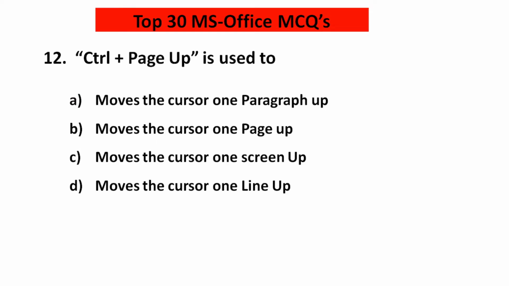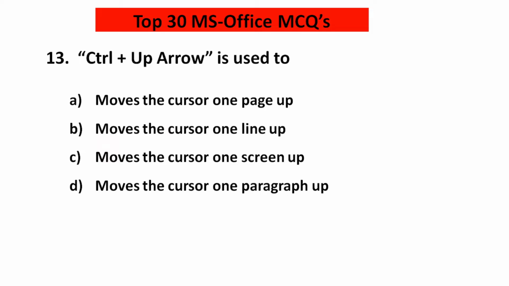Next question, Ctrl plus Page Up is used to. Options A move the cursor one paragraph up, B move the cursor one page up, C move the cursor one screen up, D move the cursor one line up. Right answer is option B move the cursor one page up.